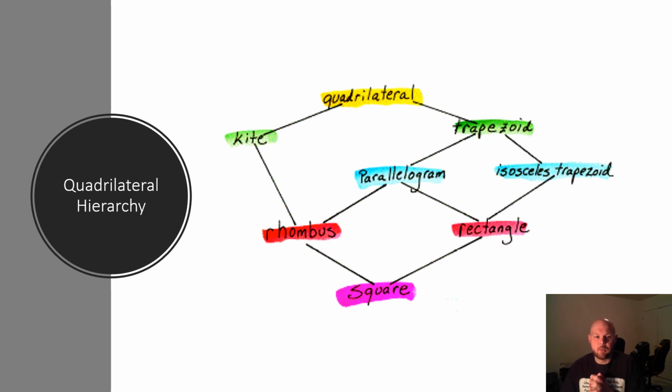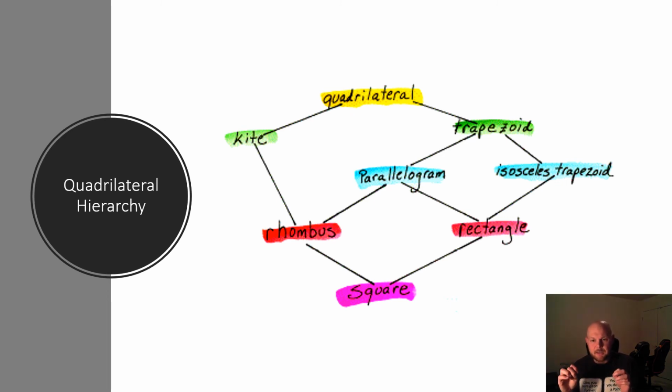This is the relationship amongst all of those quadrilaterals. We start at the top with the very generic quadrilateral and work our way down to the most specific one. You can see it starts by branching off into kites and trapezoids, and a trapezoid branches off into parallelograms and rectangles.